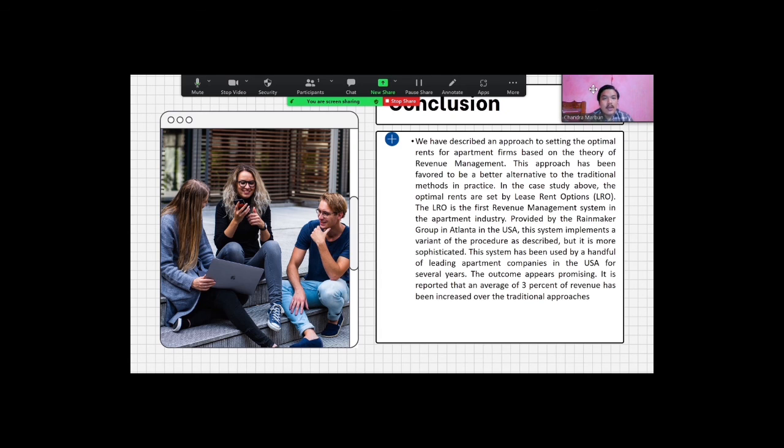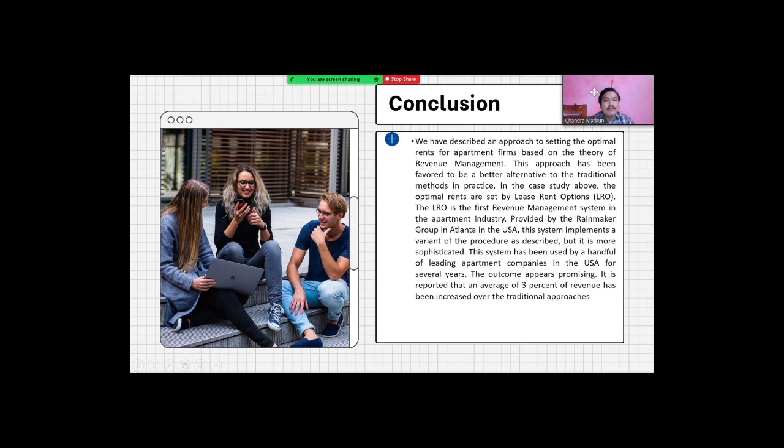Conclusion: we have described an approach to setting the optimal rent for apartment firms based on the theory of revenue management. This approach has been favored as a better alternative to the traditional method in practice. In the case study above, the optimal rents are set by Lease Rent Options, or LRO.